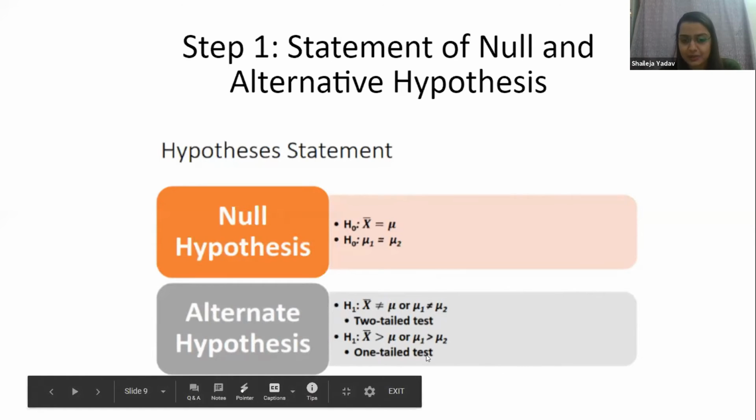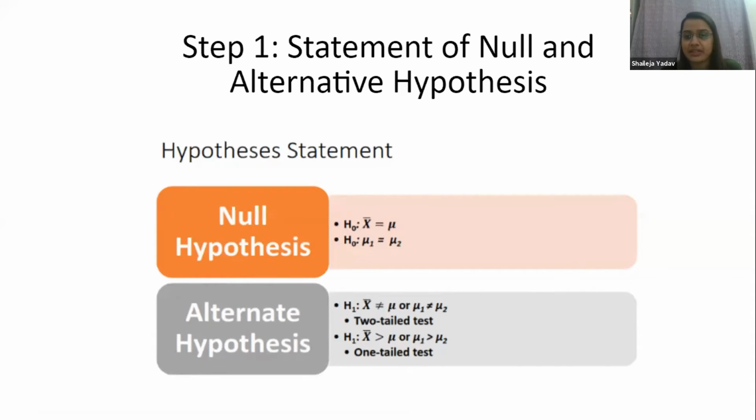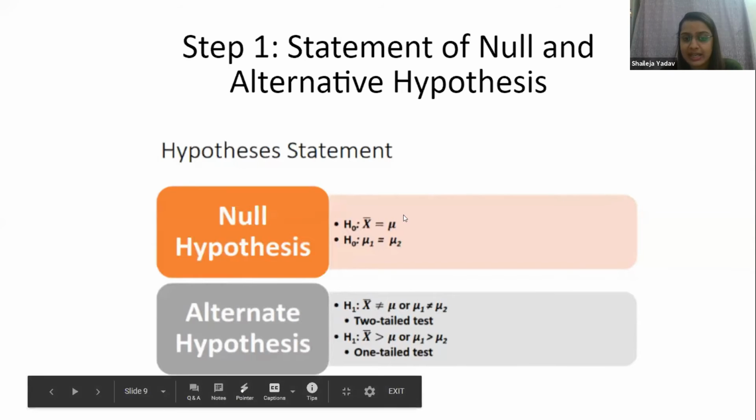But when you're performing a one-tailed test, it gives you a direction. It gives your test a direction that either your sample estimate is smaller than or larger than the other statistic that you're proposing. For example, as we said, Covishield is better than Covaxin, our null hypothesis will be that the mean antibody levels in the two were equal.